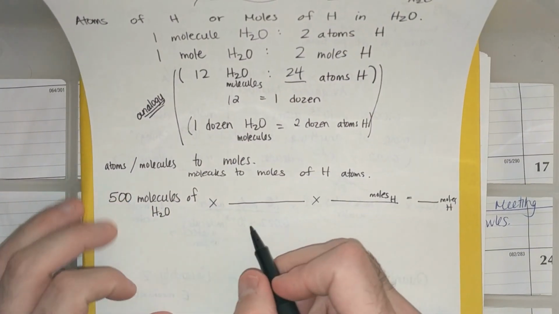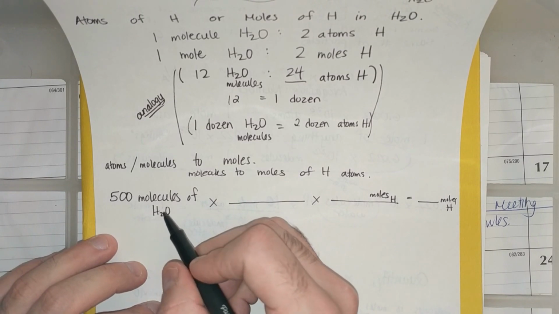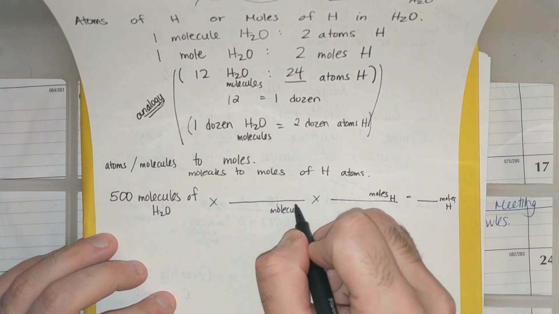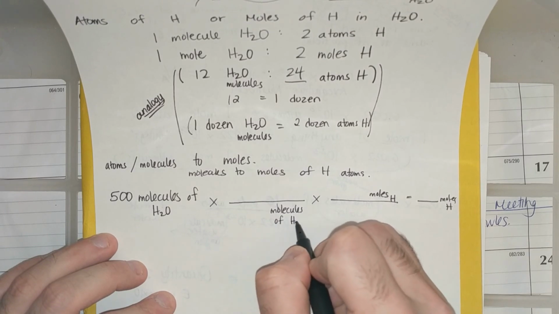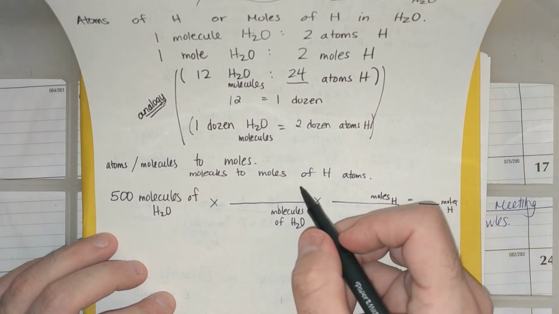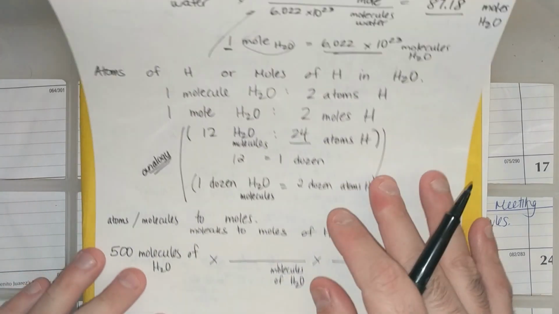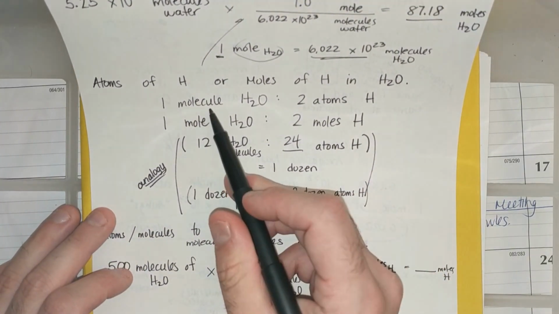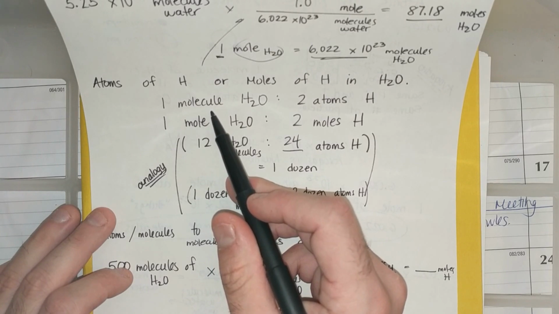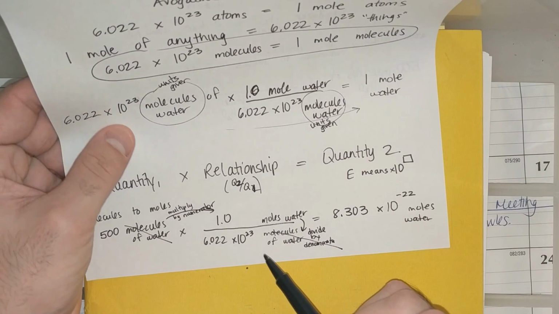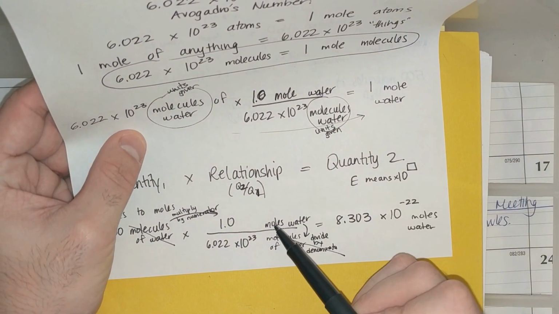Now, there are 2 ways to do this, but I'm going to do it this way. Molecules of H2O: I know that I want molecules of H2O in the bottom. What can I convert or relate molecules of H2O to? Well, there's 2 ways of doing this. I could relate molecules of H2O to atoms of H, or I could do what we did before and relate molecules of H2O to moles.